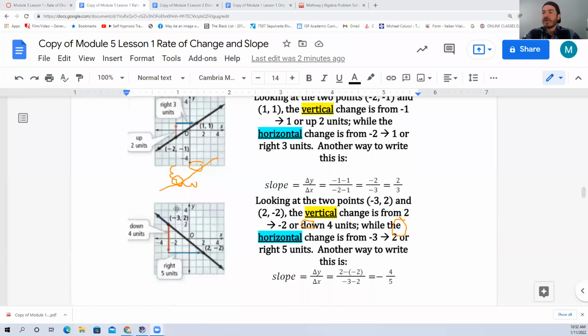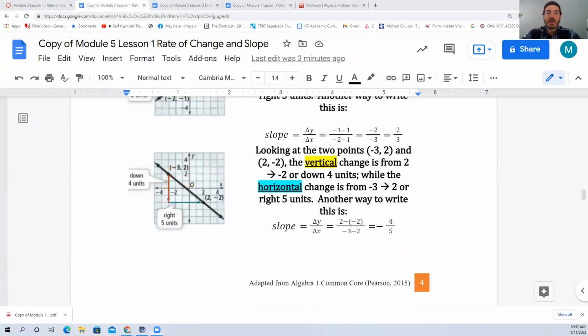It's downhill. So I automatically know without doing any mathematics that my slope is going to be negative because it's going downhill. Looking at the 2 points, -3, 2. That's my first point. And my second point is 2, -2.